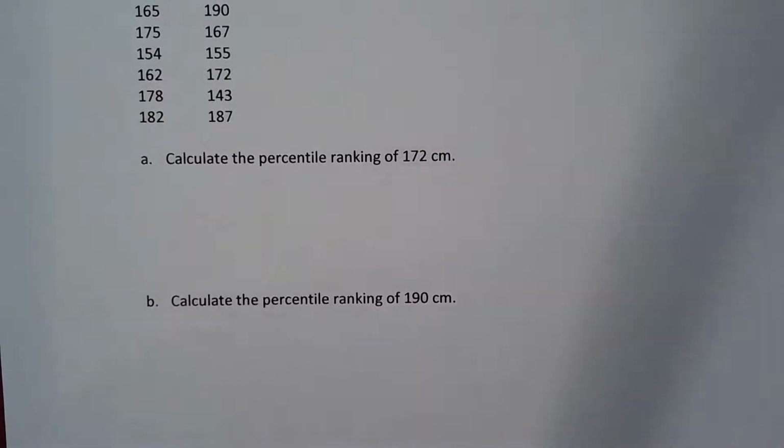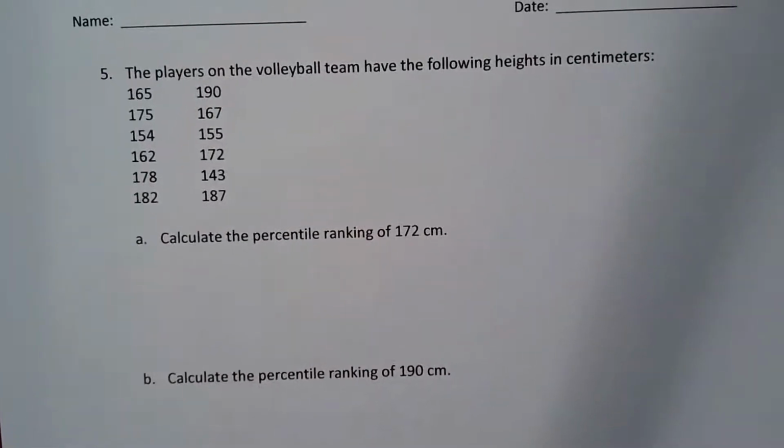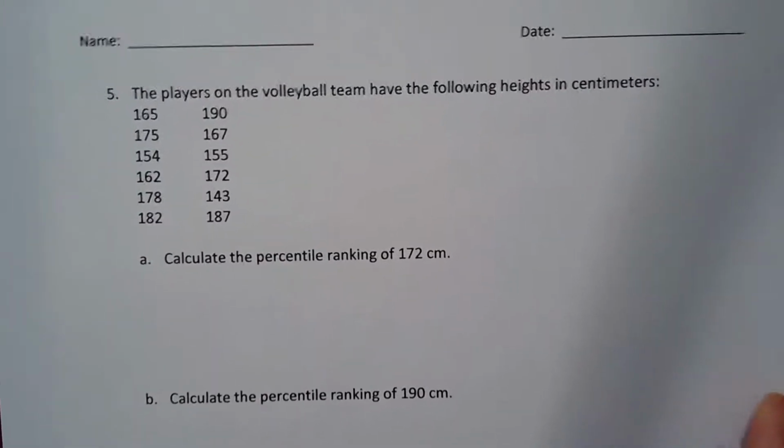Now, this last page is going to be on percentile ranking. So let's do percentile ranking. Percentile ranking is basically figuring out where a specific piece of data is placed among every other piece of data that was collected. To do that, we are going to use percentile ranking.